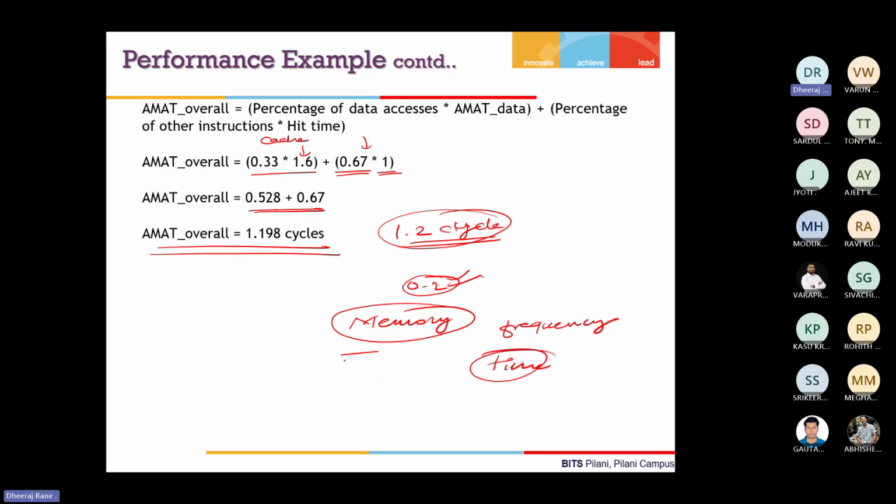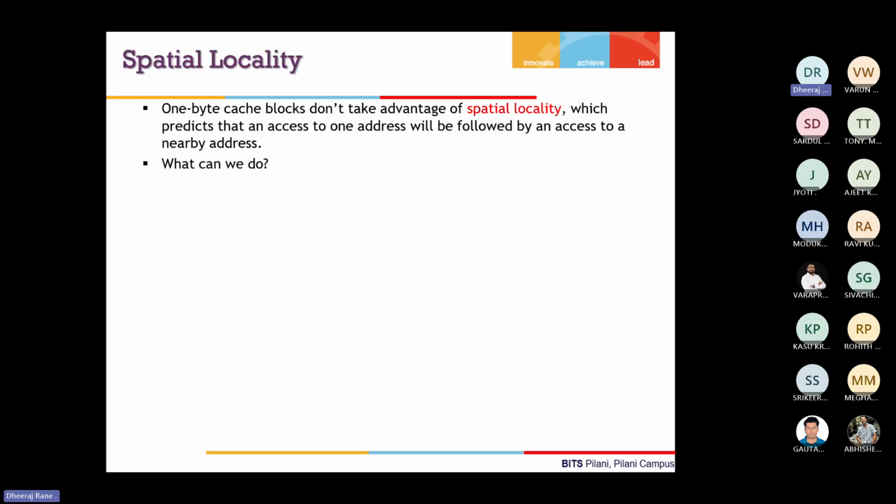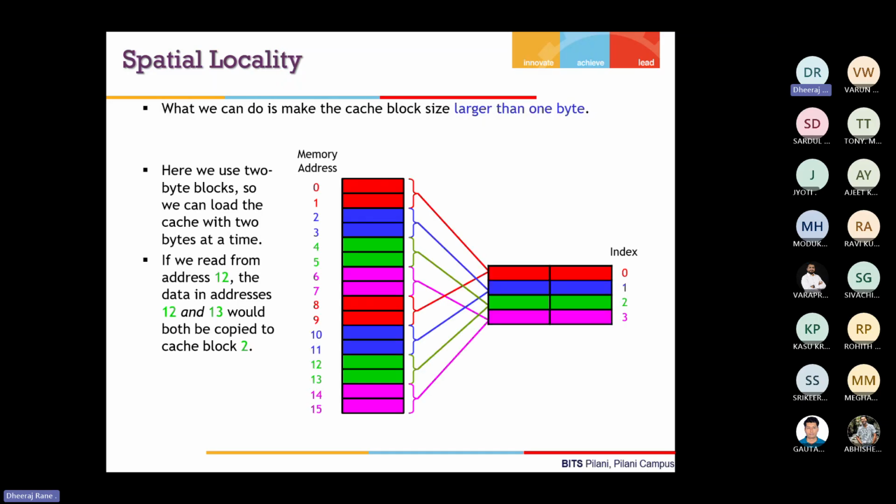If more cycles are required for accessing the memory, then the time required is more. Okay, spatial locality, we have already seen that if one byte of data is being accessed, there are fair chances that the nearby data will also be accessed.